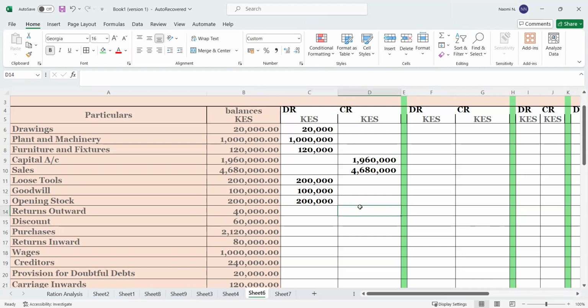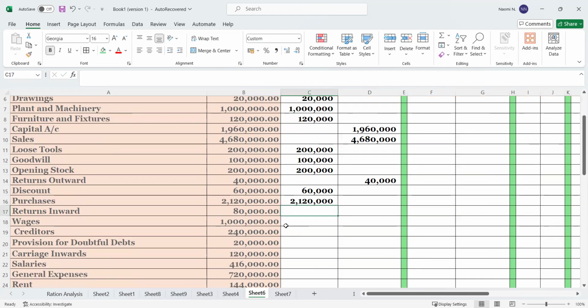So that one has a credit entry. Then we have discount, because it is an expense to the organization. Then we have purchases, it is a debit.